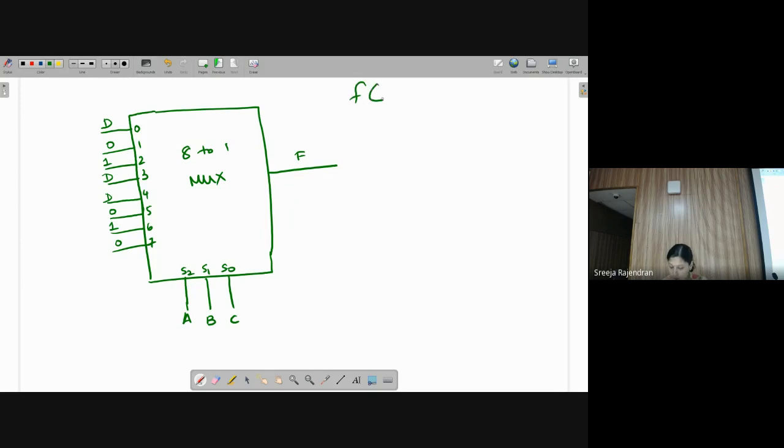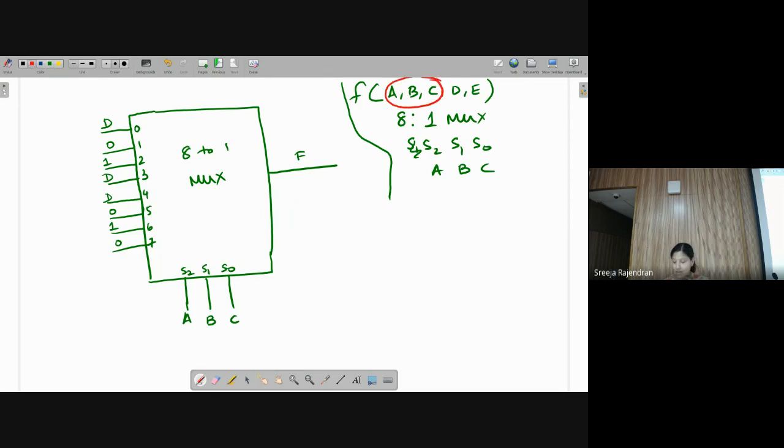If I have a function A, B, C, D, E, and I say that I want to realize it using an 8 to 1 mux, which will be my select lines? The select lines S2, S1, S0 are going to be A, B, C. Then what is remaining after I use A, B, C?